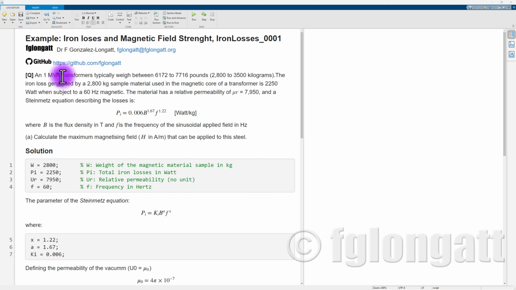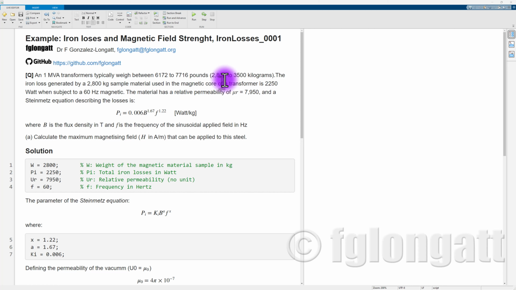A typical 1 MVA transformer has a weight between 6,000 and 7,000 pounds. In kilograms is 2,800 to 3,500. This weight from the transformer is, I will say, probably in large proportion related to the magnetic core of the transformer.